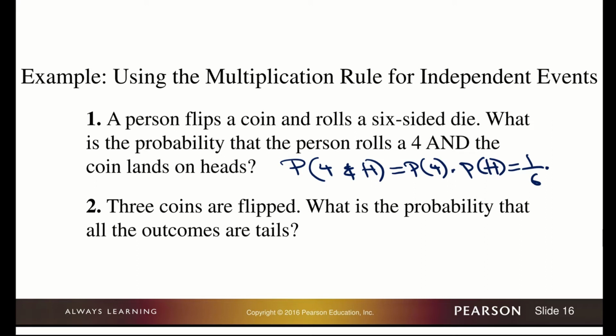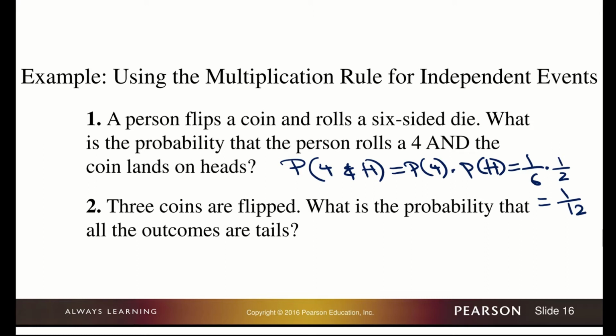We know that's going to be 1/2. So we get 1/12. So remember, the probability of getting a 4 from the die roll and getting heads from the coin flip is going to be 1/12.